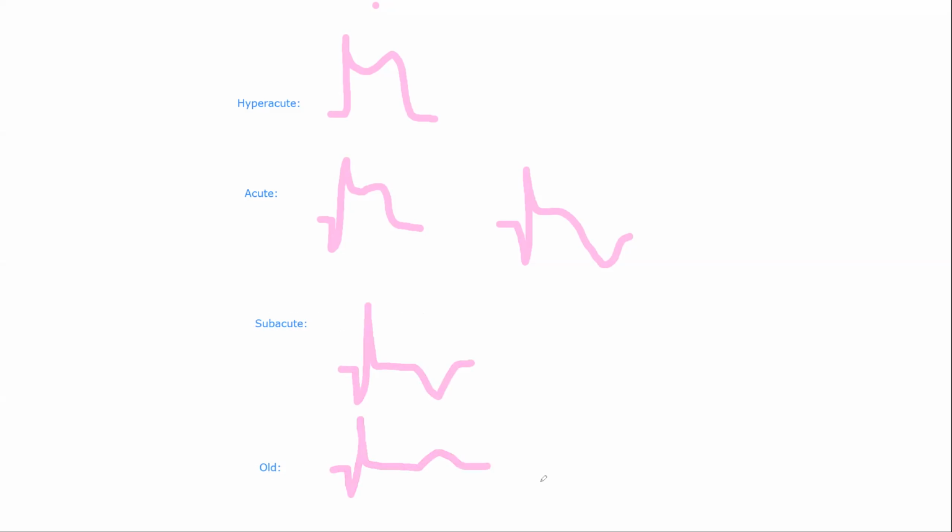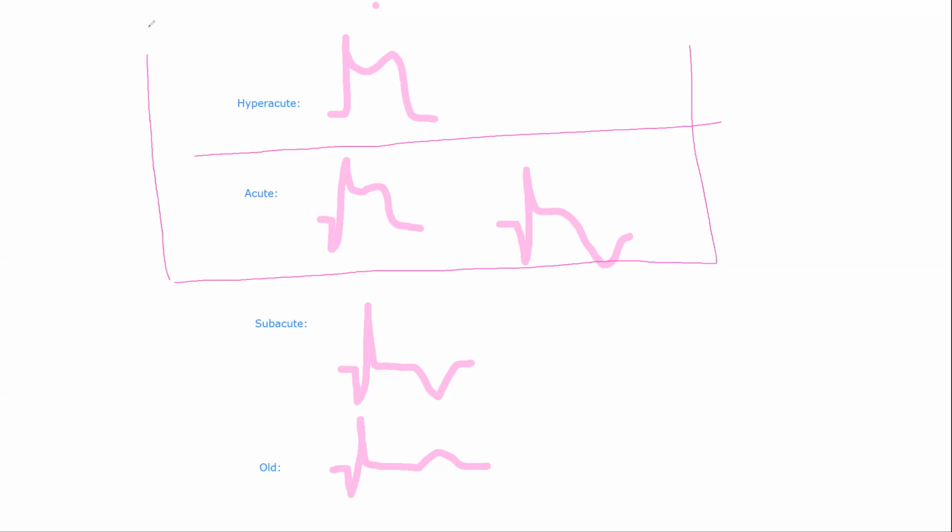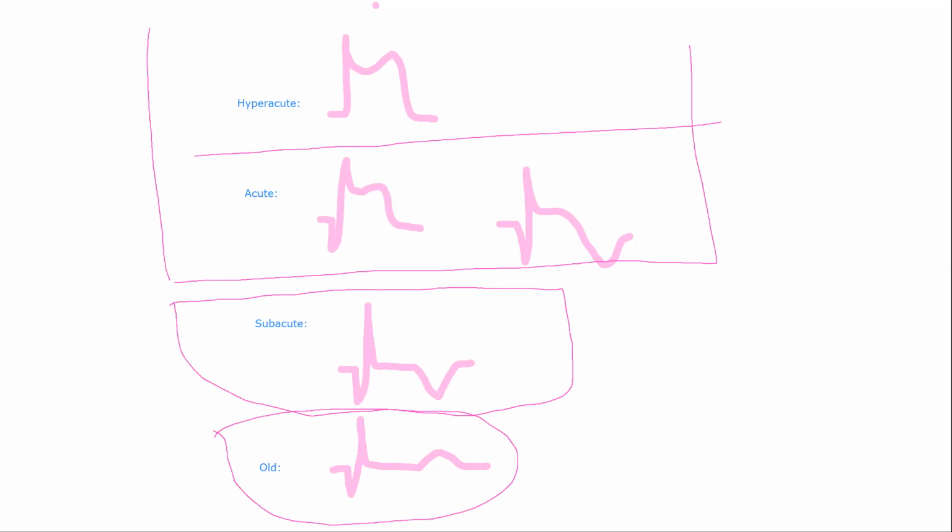Okay? So these are the different types. We can say that all of these are the current ones, and this is at least more than 1 week. And this is more than, let's say, a couple of months. Okay. All right. Thank you very much.